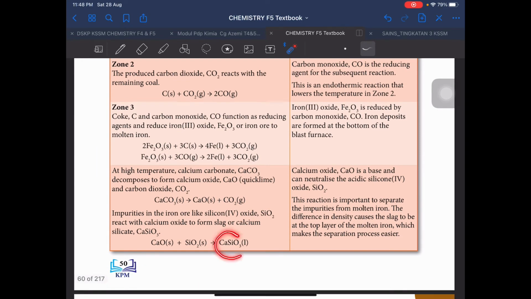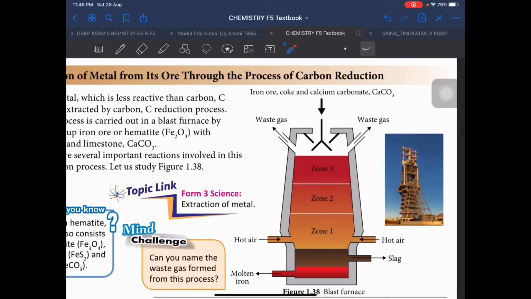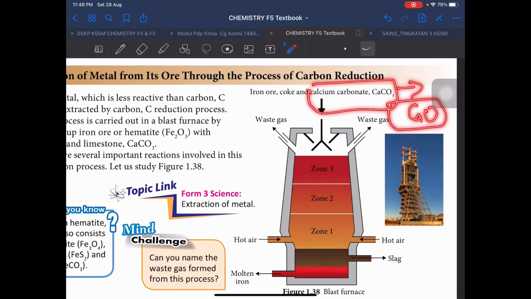Calcium silicate tu daripada impurities, benda asing di dalam kamu punya iron ore. So macam mana mau kasih hilang tu? Kita guna calcium carbonate. Panaskan calcium carbonate, dapatkan CaO. So tindak balaskan CaO with the silicon dioxide. Okay? From the impurities. Jadi dia akan neutralize lah di sana.